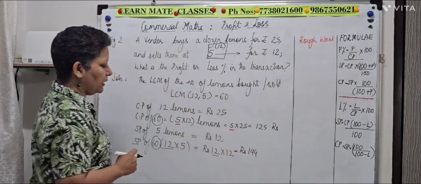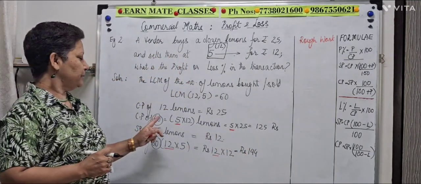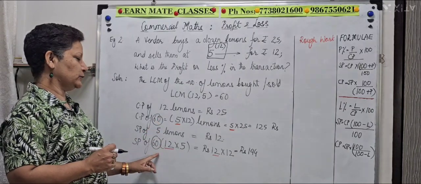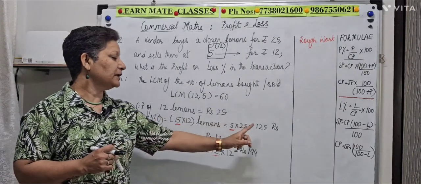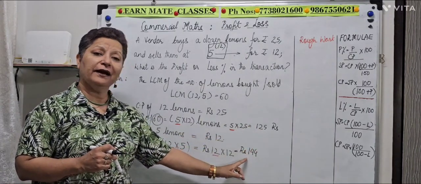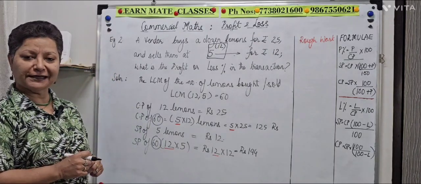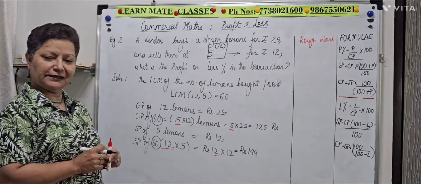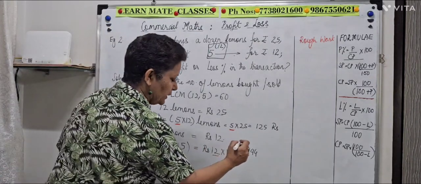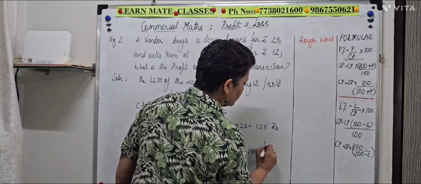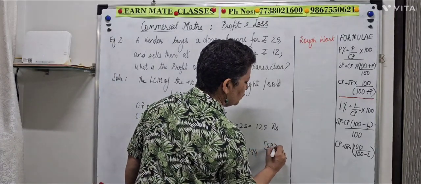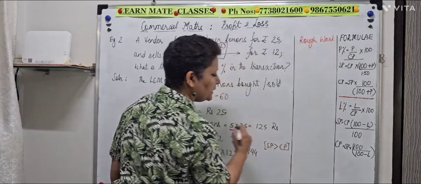144. Now, I have the same number bought and the same number sold. I can see the cost price is 125 and the selling price is 144. So what does it tell you? The selling price is more. So here what do I understand? The selling price is more than the cost price. So what is it going to be?